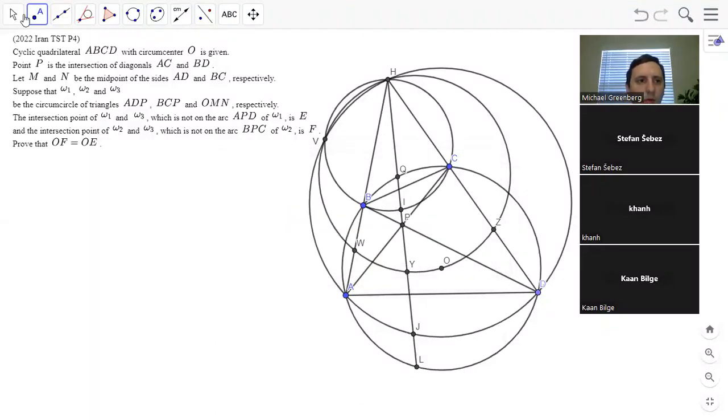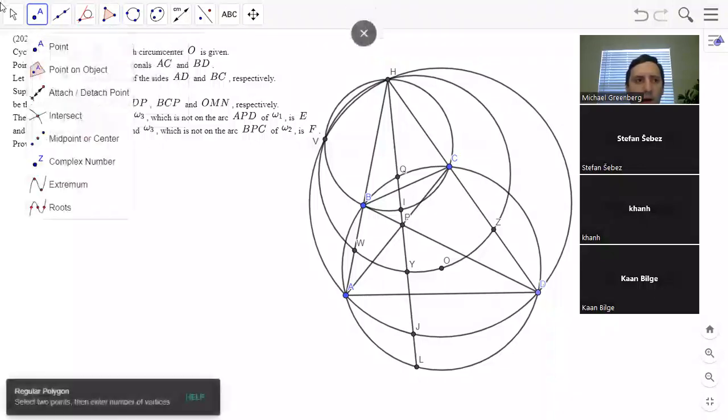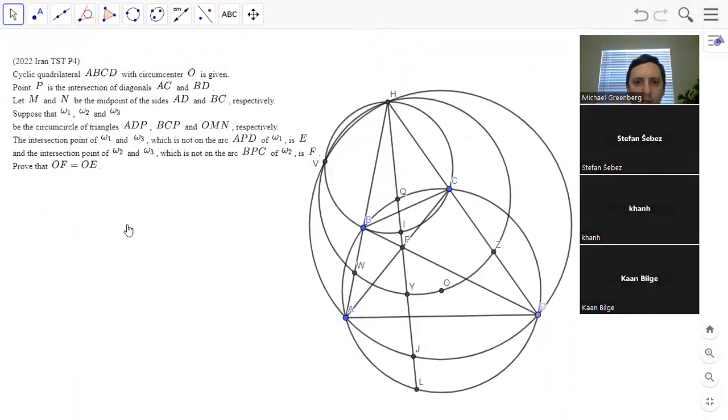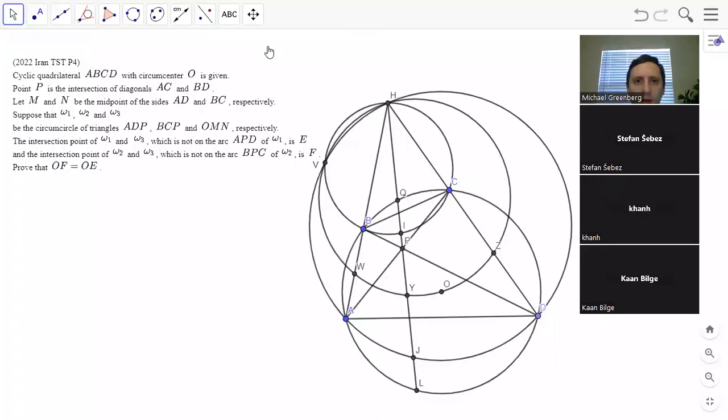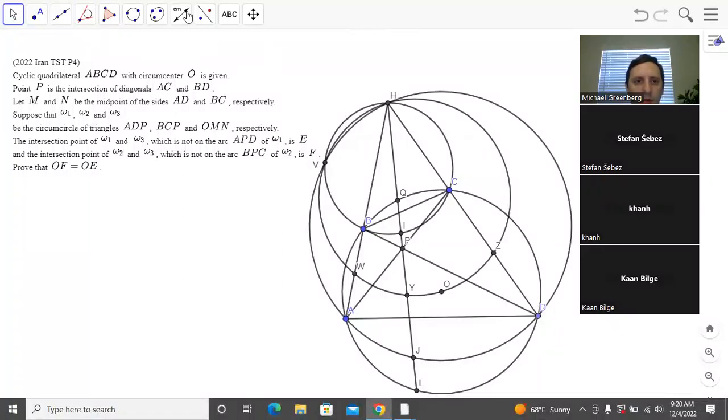All right, so I'm going to unhide the original problem, and then we can show how inversion changes it to the new problem.